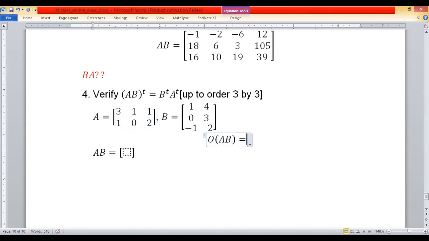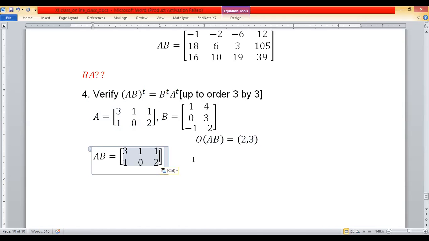Order of AB is 2 by 3 times 3 by 2. This would be 2 by 2.